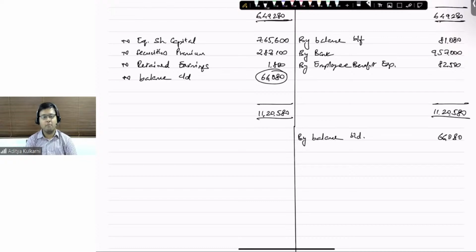It is 6 problems combined into one. It covers the calculation of employee benefit expense also, the ledger accounts also, and the vesting period as well as the exercise period. So this is a very beautiful question. One day before the exam, revise this and go through your ESOPs. Don't do anything else, because everything comes in this.